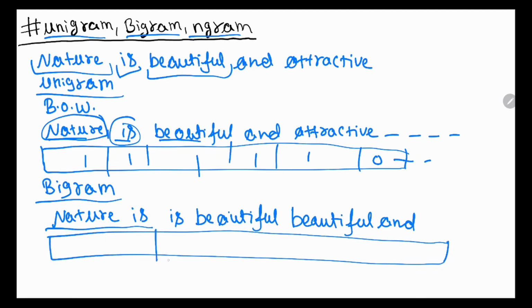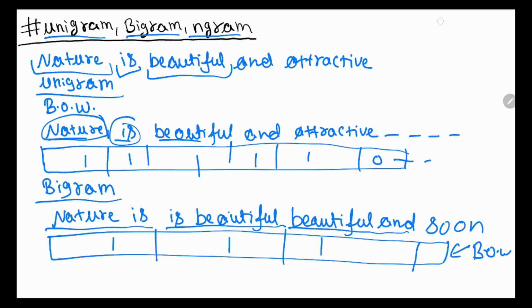So when we are constructing the bigram, we have these as features. Here we are having two words. Bigram says take two words as a feature, and this is the bag of words for the bigram.